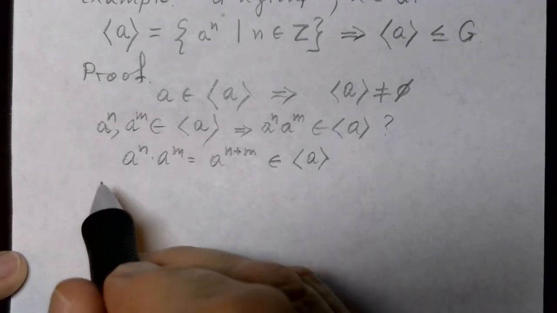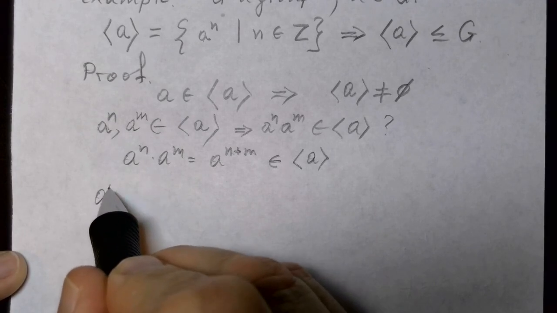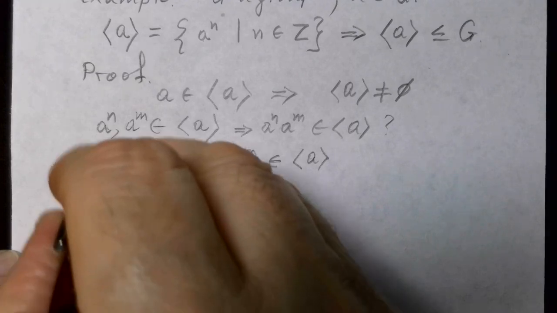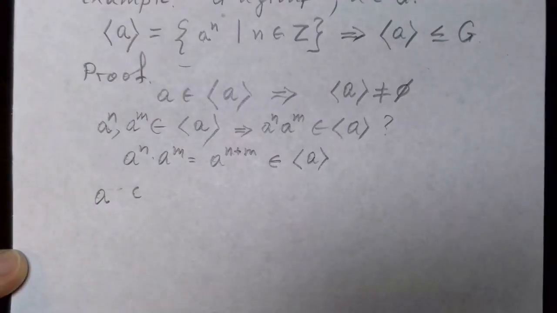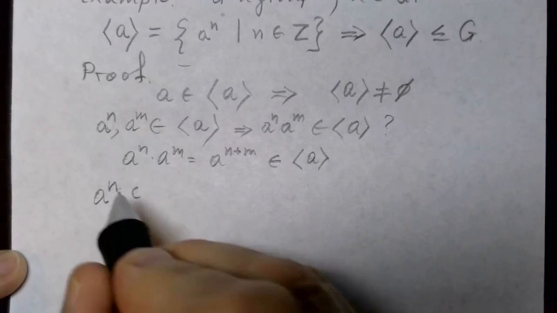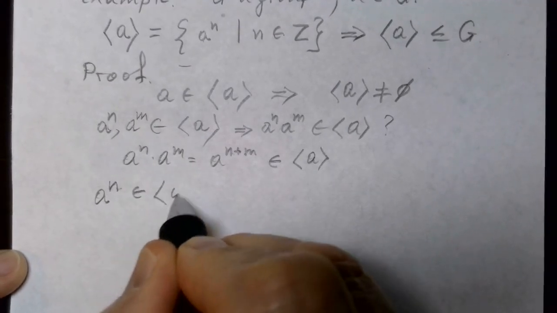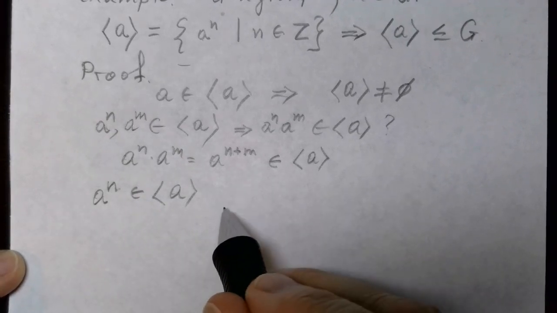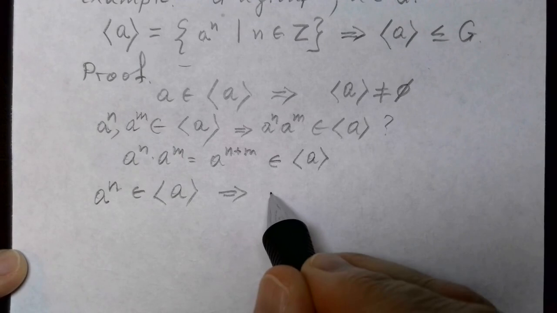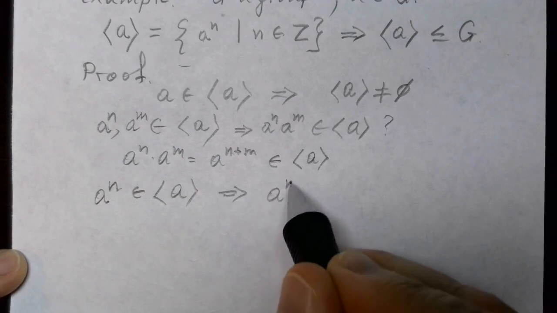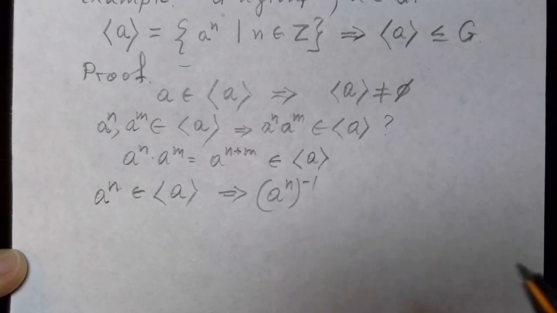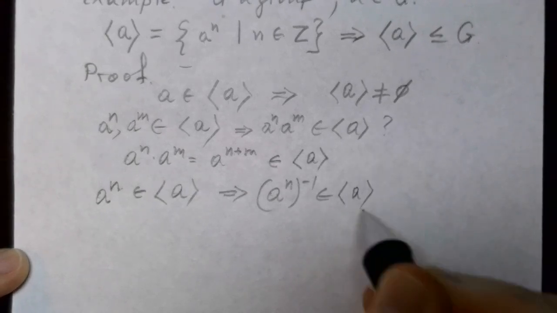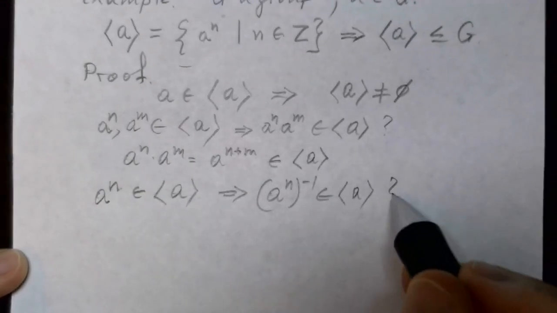And the second step, select any element in this subset. So A to the n is any element in the subset, n is an integer. Prove that A to the n, the inverse of this element, is also there. Why is this so?